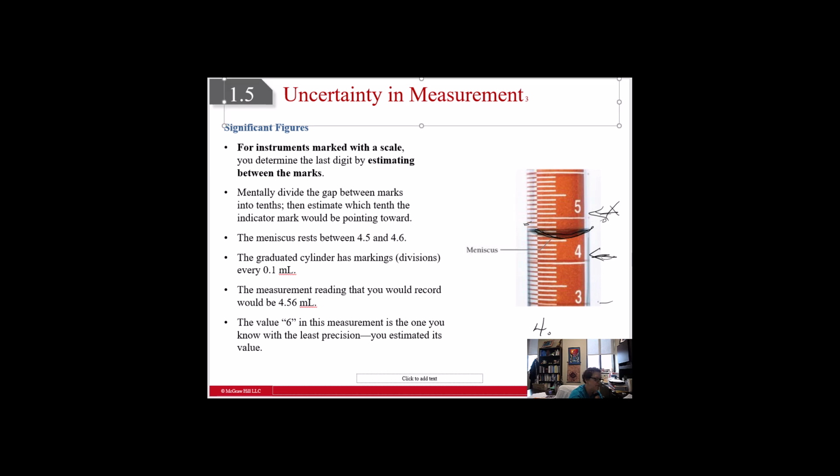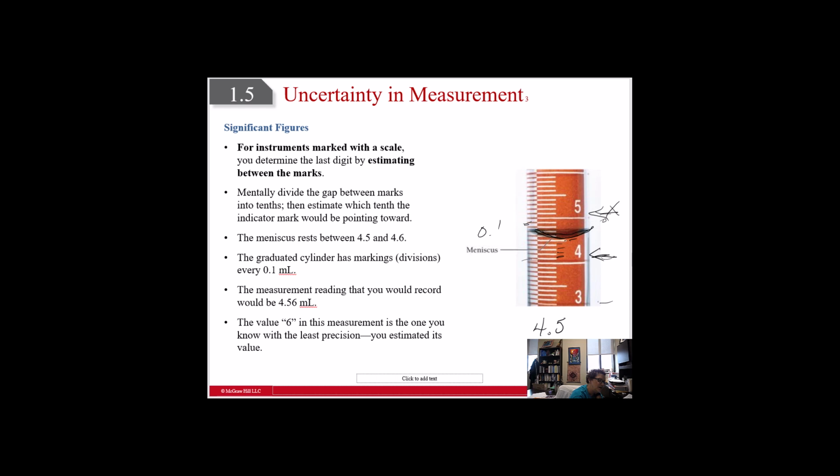And then we look at this, and to me it looks like it's between 4.5 and 4.6. There are 10 of these marks in here, so each one is a 0.1 scale. So this would be 4.1, 2, 3, 4, 5. So the next number is a 5. Now this last number is going to be an estimate.